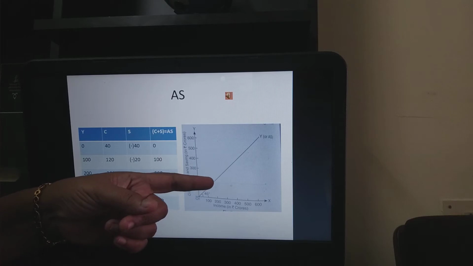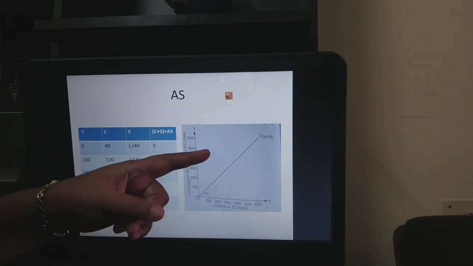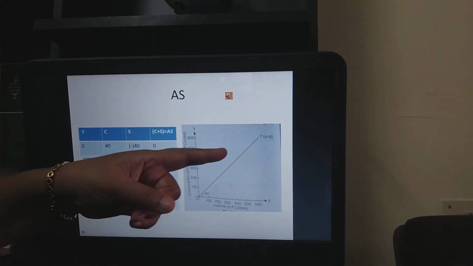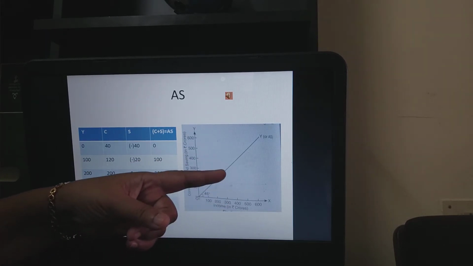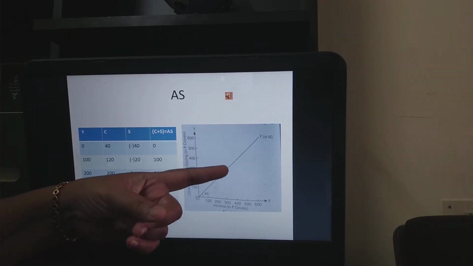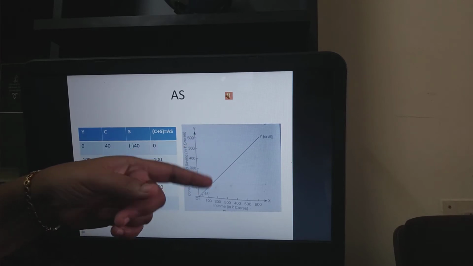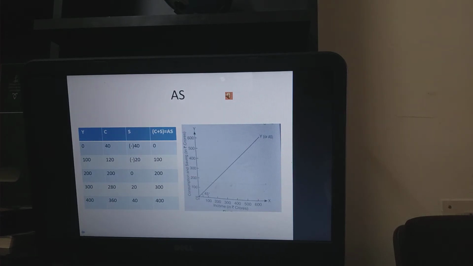The specialty of this line is that it breaks the entire quadrant into exactly two halves, and the vertical distance between any point on the aggregate supply and the x-axis will be the same as the horizontal distance between the y-axis and that particular point on the line, right? So aggregate supply is nothing but a reference line here, which is a 45-degree line that indicates the income and the expenditure equality.